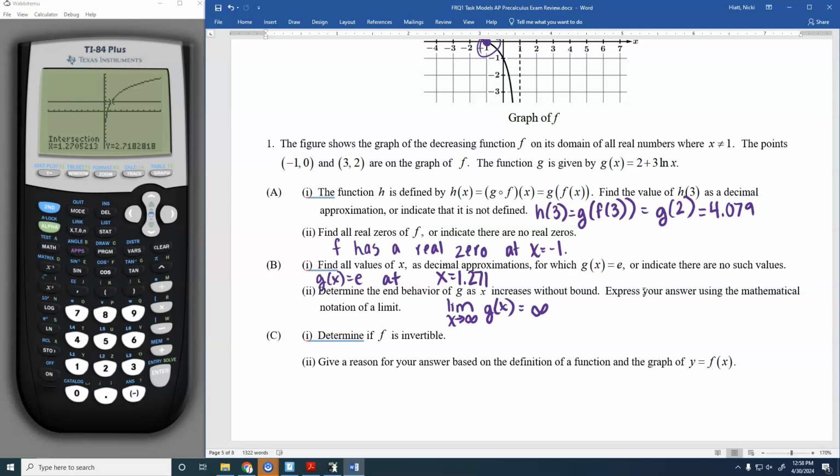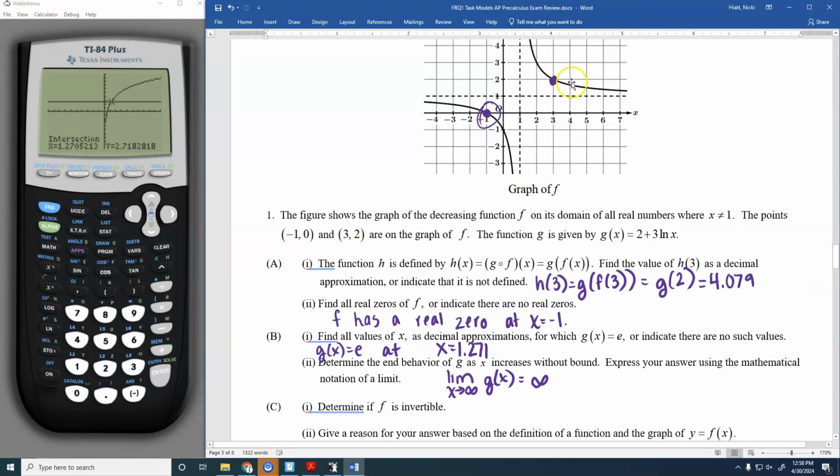Okay. Notice the similarities in these questions and the other one that we just did. C is not worded exactly the same, but it's asking the same thing. Determine if F is invertible. First of all, is F what I've got on the calculator or the graph up here? Graph up here. So we're not looking at the calculator. We're looking here. Make sure you're looking at the right thing because earlier I was using G for this and I messed up. This just means can you take the inverse of this.